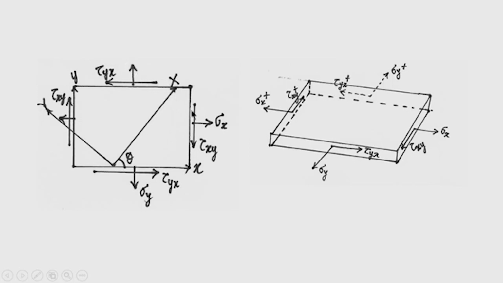I want to find the stress components in the new frame of reference. The new frame of reference is capital X and capital Y, whereas the new X axis is inclined at an angle of theta with the original x axis. The angle of rotation is anti-clockwise.